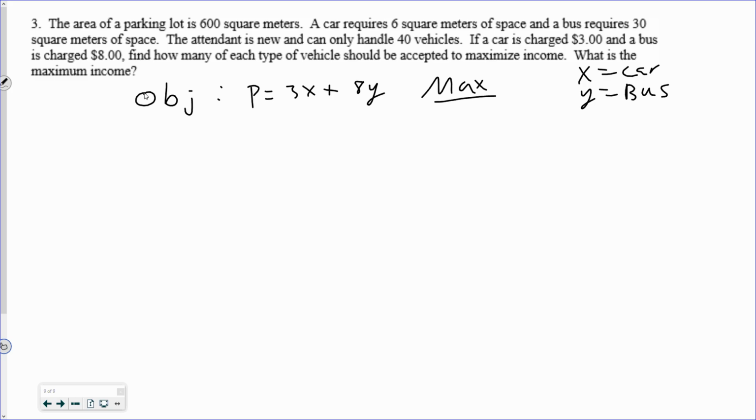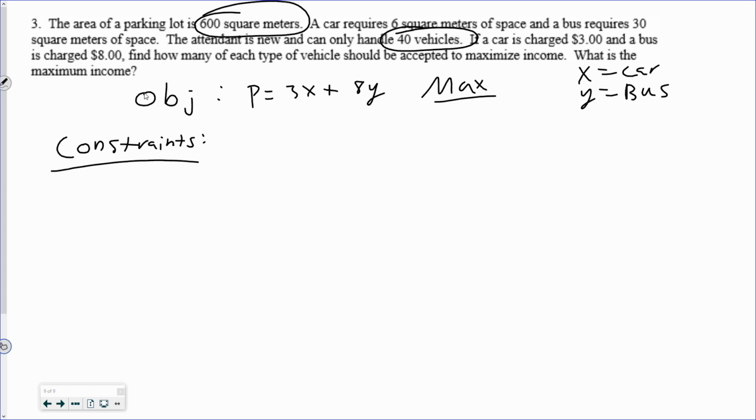And then from there, I need to figure out, well, what are my constraints? My constraints are what's holding me back from making even more money. In this case, I only have 600 square meters, and this attendant can only handle 40 vehicles. So you need to figure out what's holding back the business.